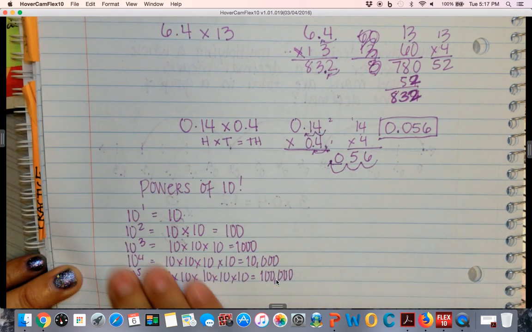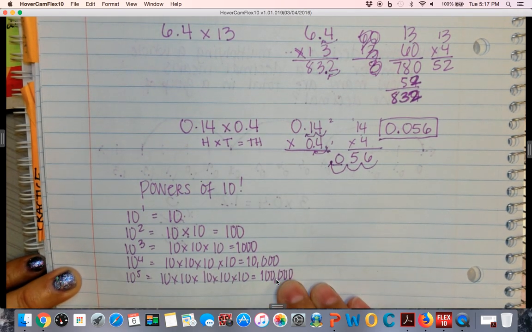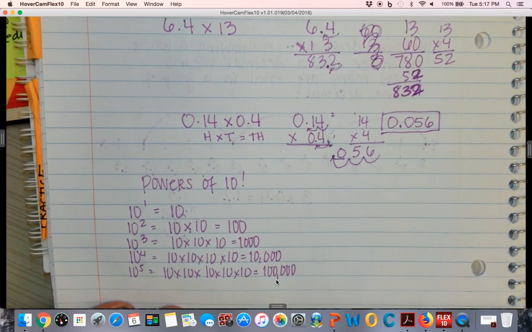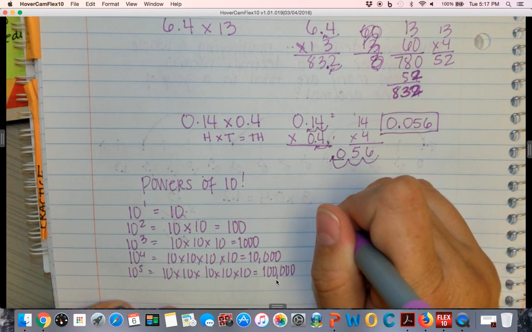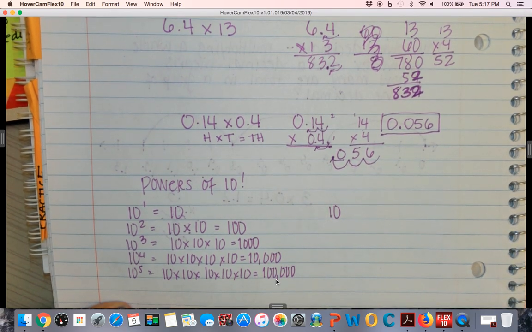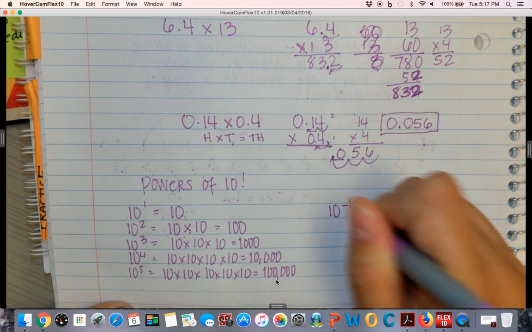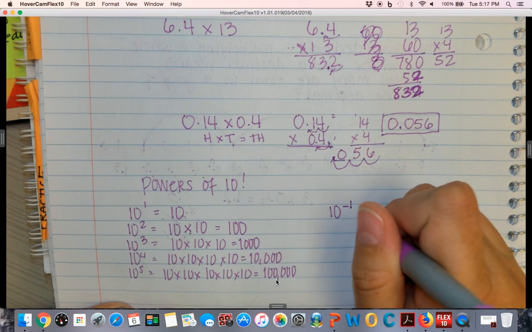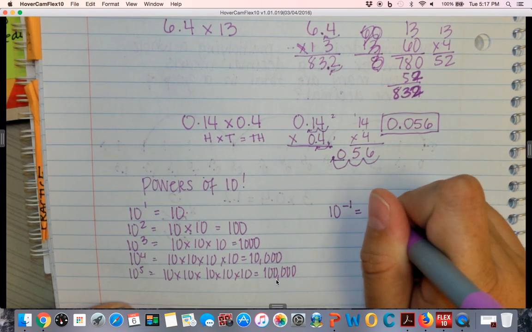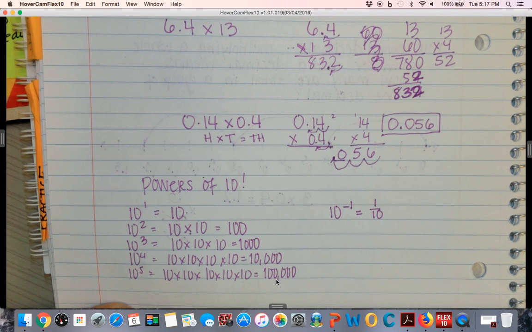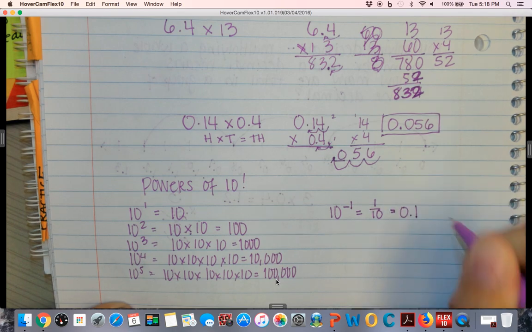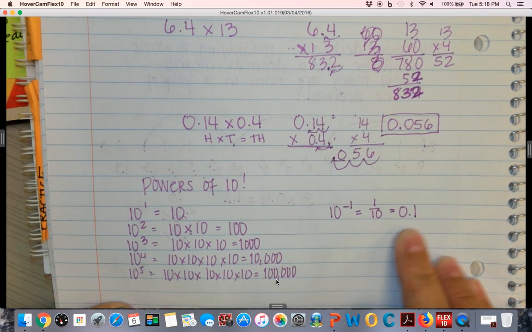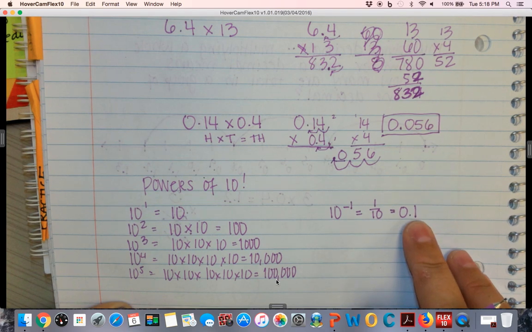Now that I have an idea about the powers of 10, let me show you what it means to see them with the decimal. So 10 to the negative 1 is like saying 1/10, which is the same as 0.1. Here is a 10.